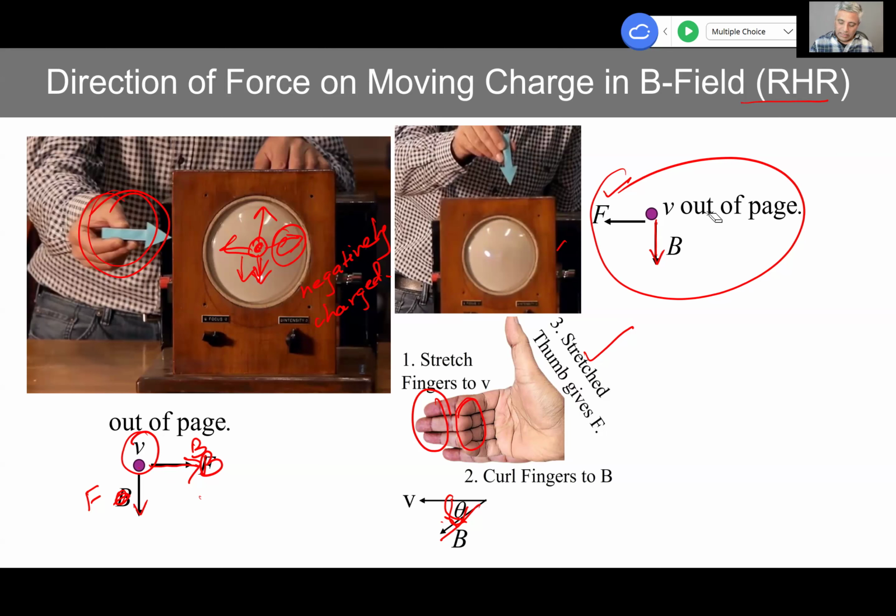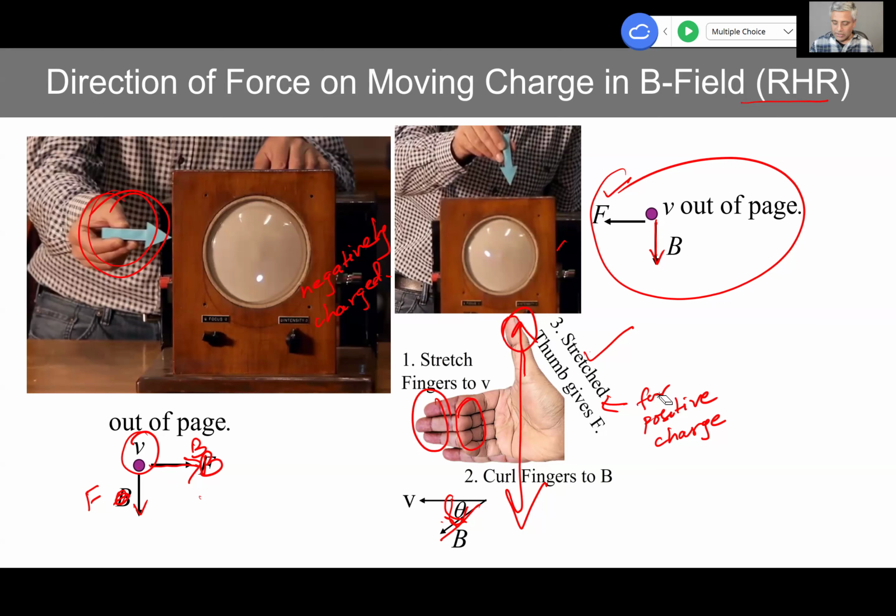Now, let's see, can we verify these two images? And by the way, this direction is for positive charge. If it is negative charge, then we have to flip the direction. So you treat even the electron as a positive charge until you find the thumb, and then later you flip the thumb.